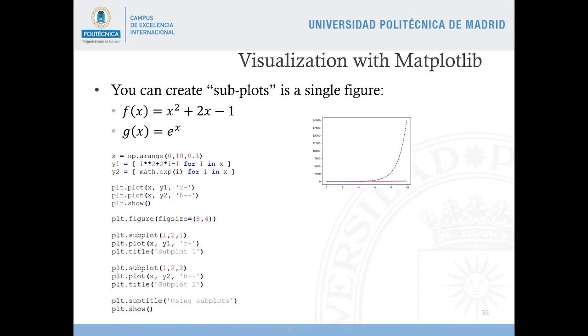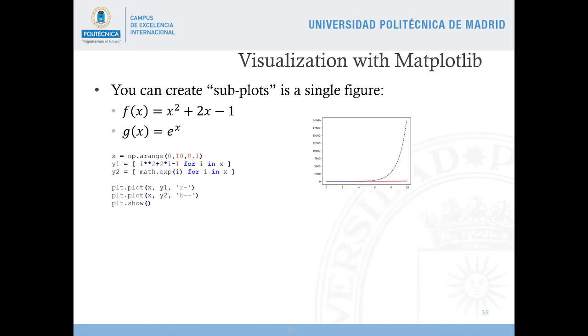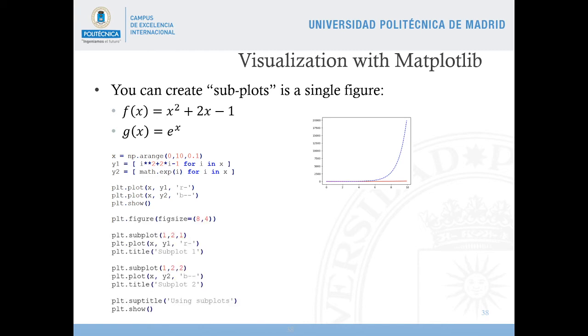To solve this problem, we can create different subplots in a single figure. Because, of course, in this case it's not convenient to draw both plots in the same figure. So we can use the subplot function to move between different subplots.